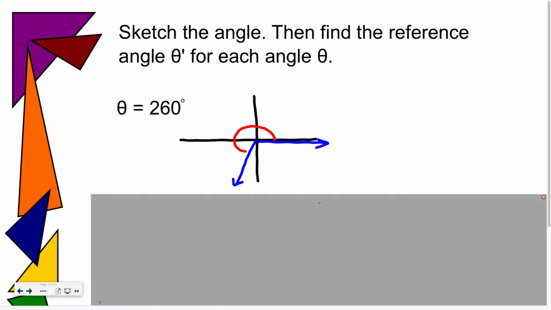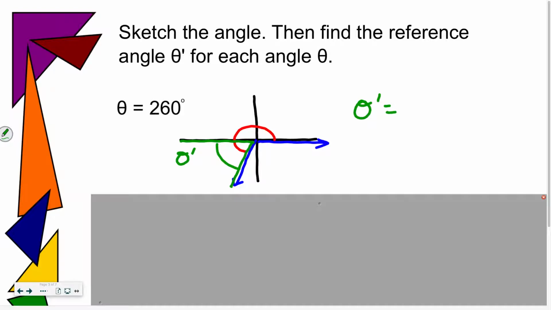So there's theta. Now, if I can imagine in which quadrant it is, I think about my reference angle. Terminal side, negative x-axis, so that it's acute, right? So there's my theta prime.